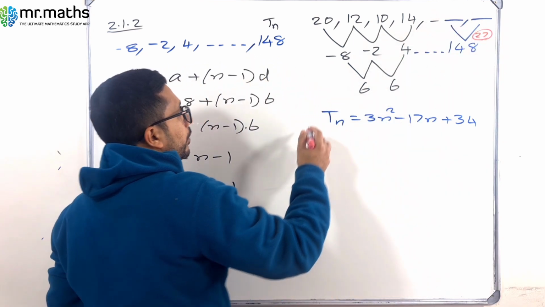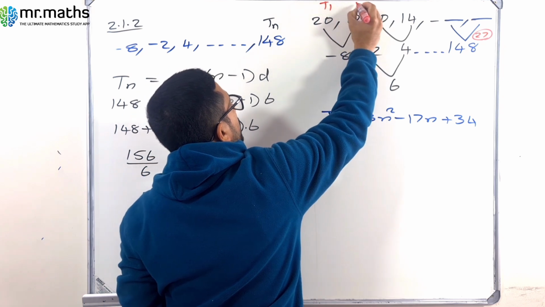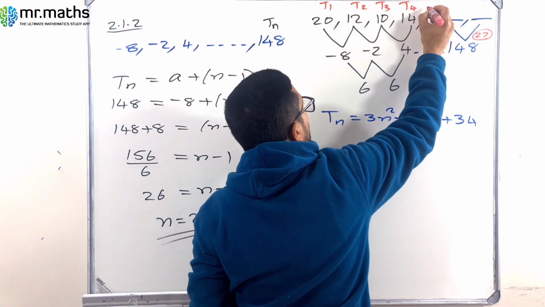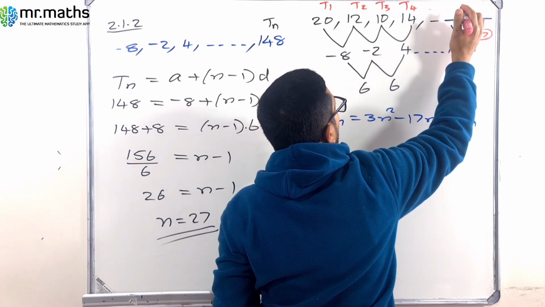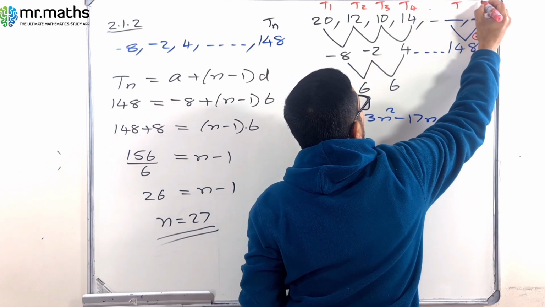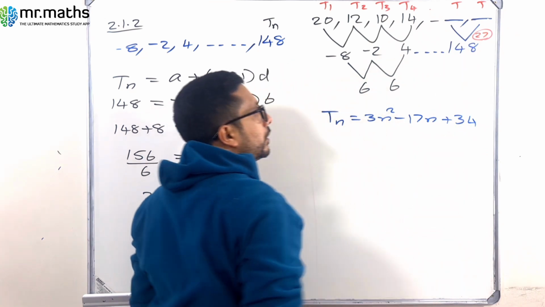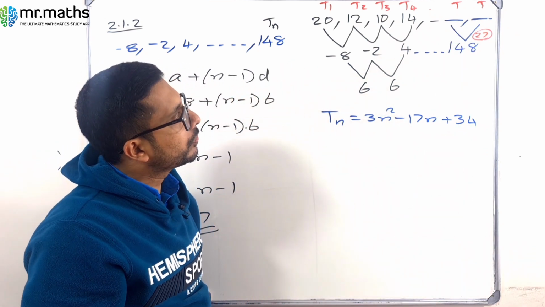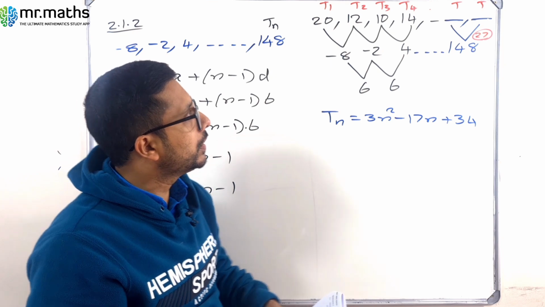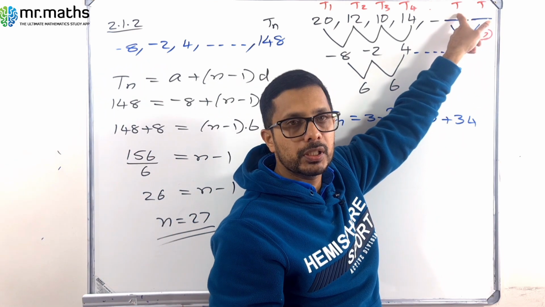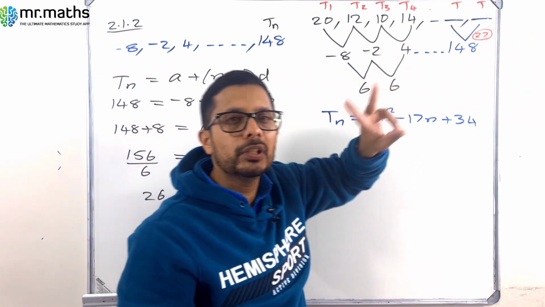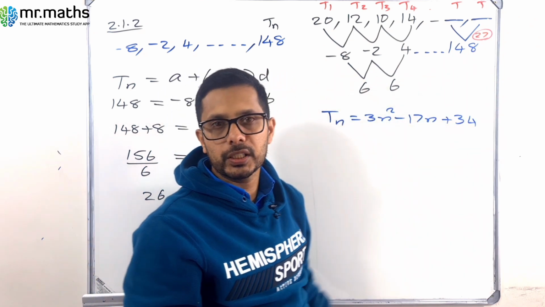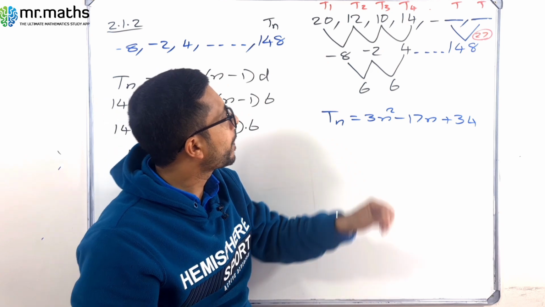Here you have to understand something. This is T1, this is T2, second term, T3, third term, fourth term, etc. And you have to write like that, between which two terms. So here you have to find which term is this, which term is this one. Then we can say that between those two terms the common difference is 148. Okay, so now look at this one.